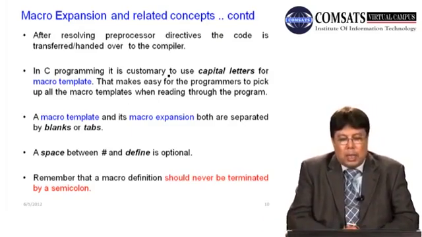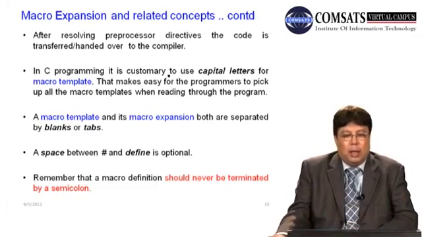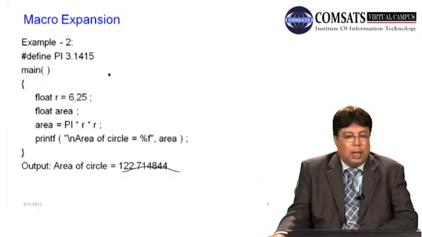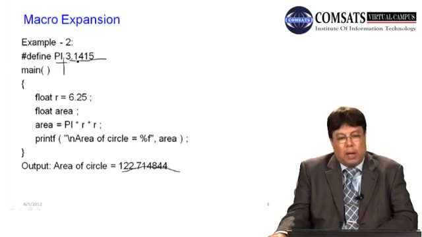A macro template and its macro expansion are both separated by blanks. You saw in the previous example, PI is a macro template, then there is a space, and this is called the macro expansion. So: macro template, space, macro expansion.